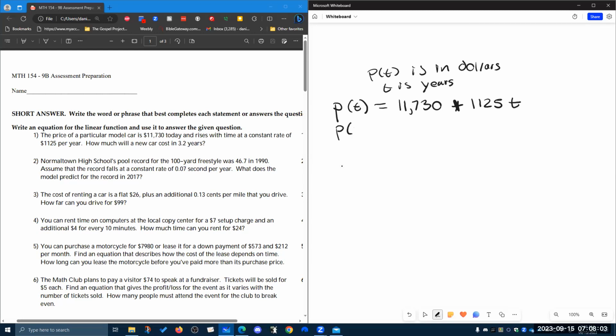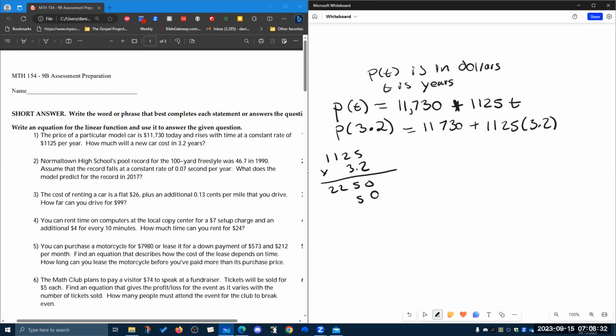So we want to find P of 3.2. It's going to be 11,730 plus 1125 times 3.2. 1125 times 3.2 is 3,600.